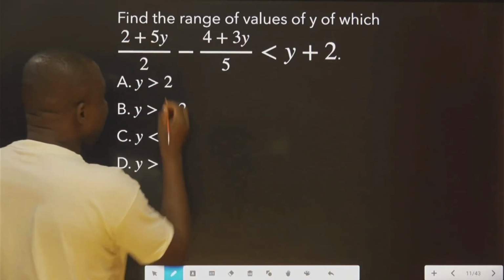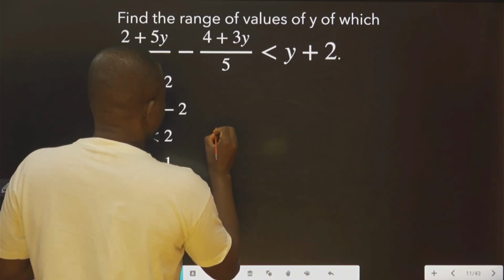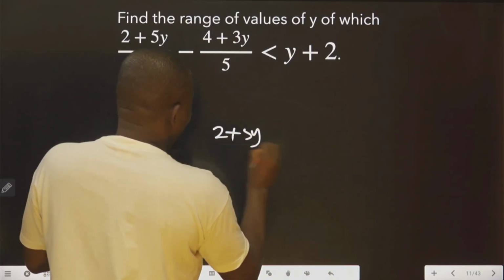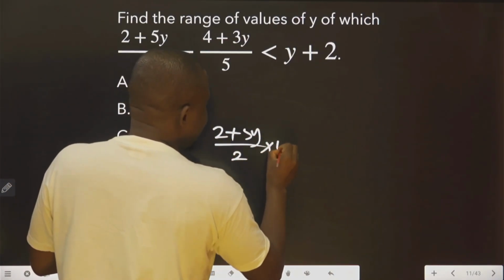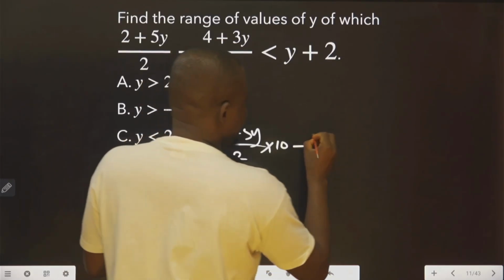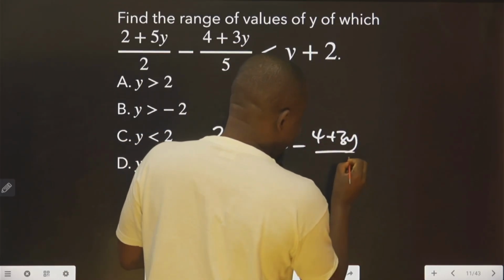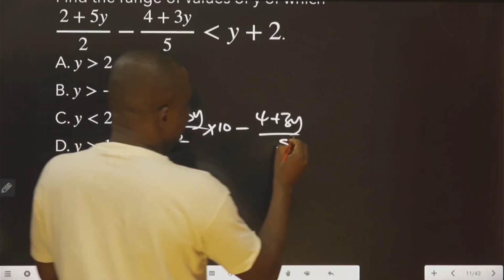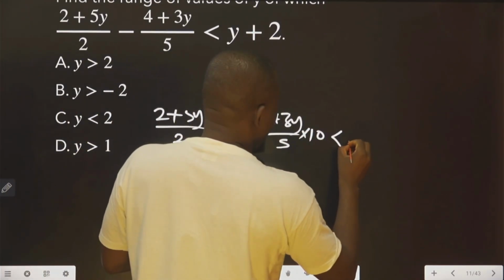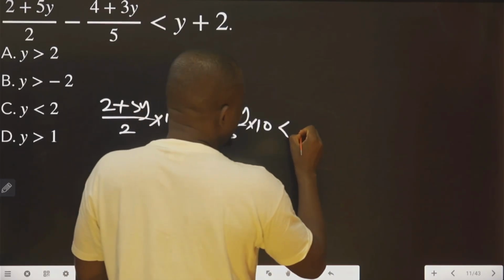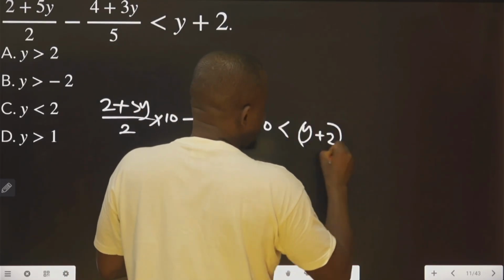So you multiply here by 10, that is to say, 2 plus 5y over 2 multiplied by 10 minus 4 plus 3y over 5 multiplied by 10 less than or equals to, you also multiply here too, this one by 10.